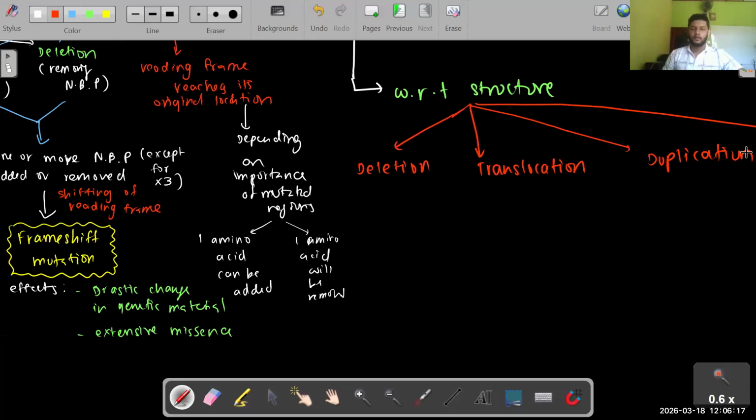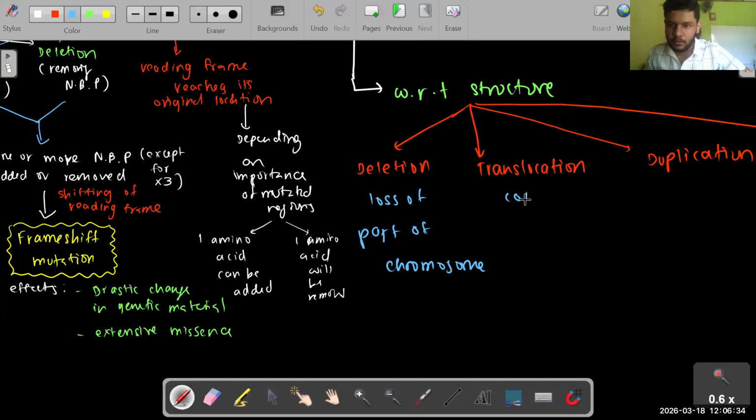Right? Deletion means loss of part of a chromosome.